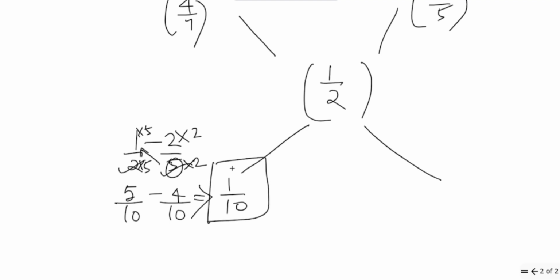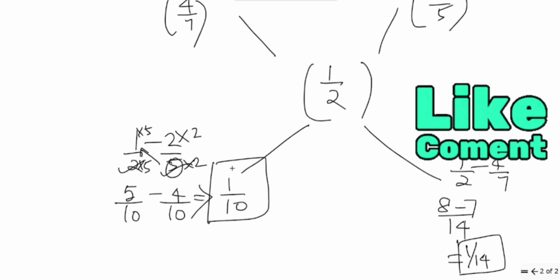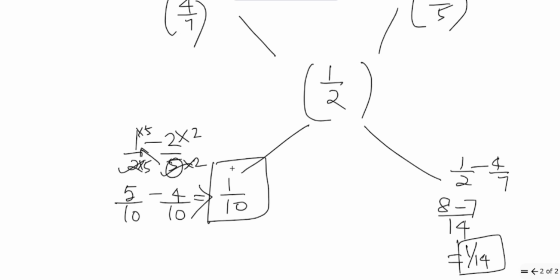And here we need to do the subtraction of half minus 4 over 7. Again 14. So that will give us 8 minus 7, so that will give us 1 out of 14. Now we need to set up a ratio.